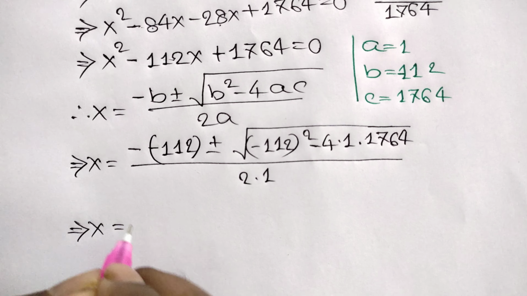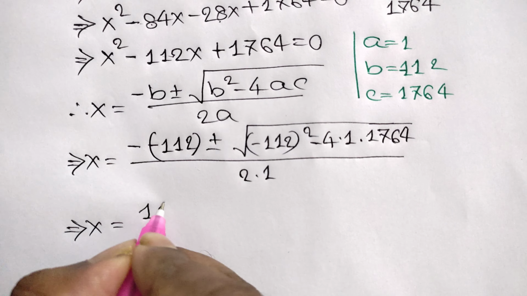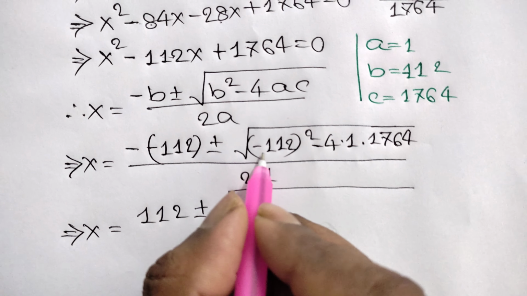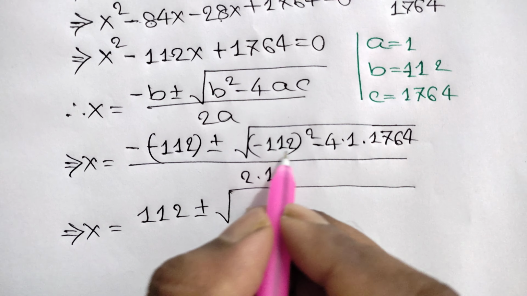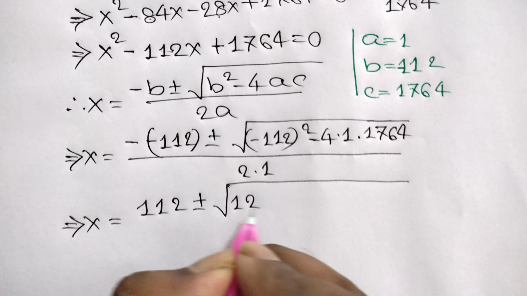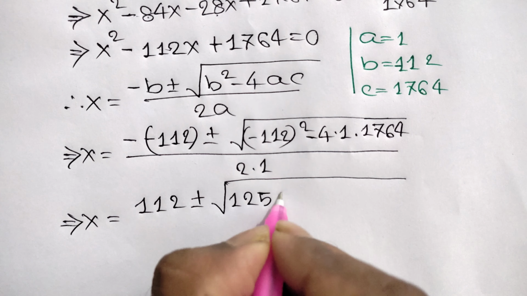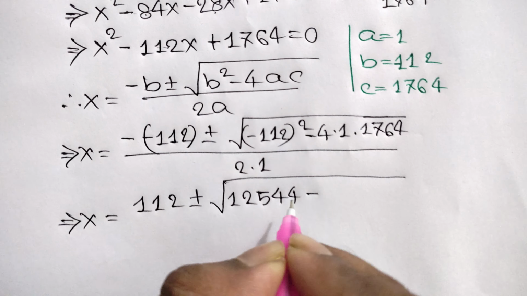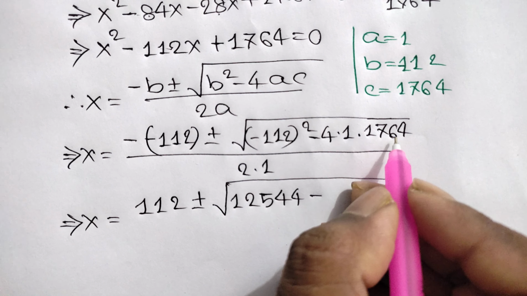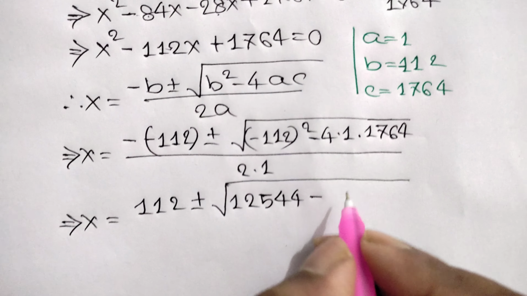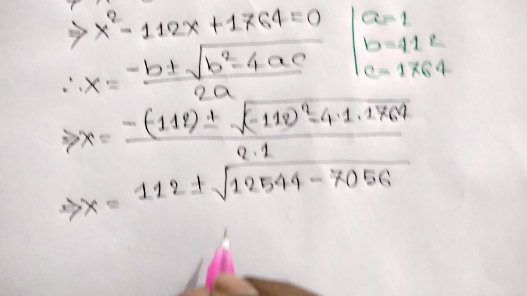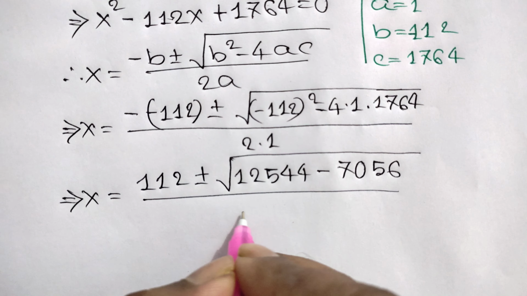Minus times minus is plus. Negative 112 square is 12,544 minus 4 times 1 times 1764. Here we will get 7056 over 2 times 1, which is 2.